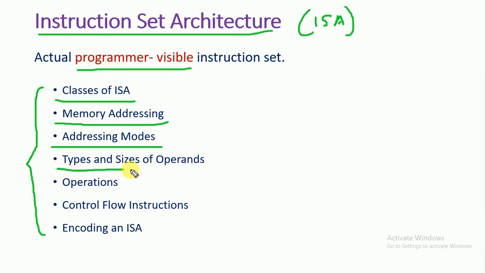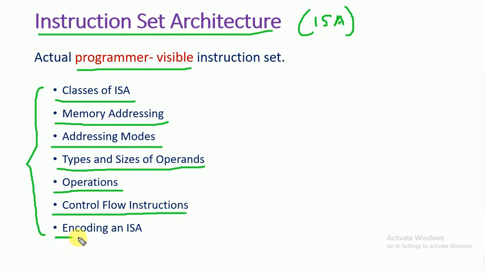Then what are the types and sizes of operands, what types of operands and what sizes we can use with our instruction; those details are to be considered. Similarly, what are the different operations possible with an instruction set architecture. We will look at various operations. The next one is a separate category of operations called control flow instructions, which is used for branching and other movement from one location to another during the execution of a program.